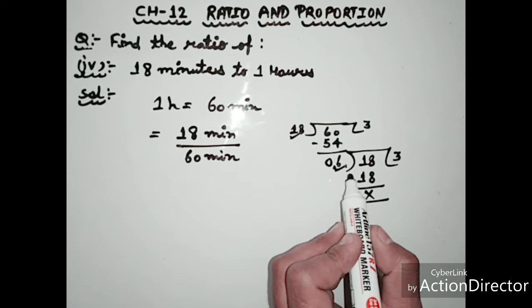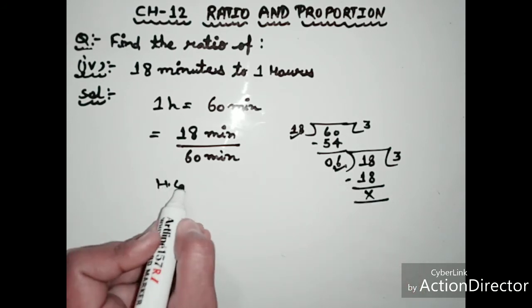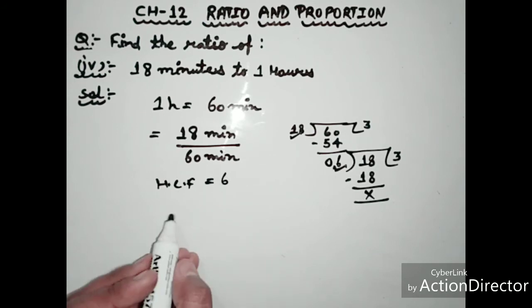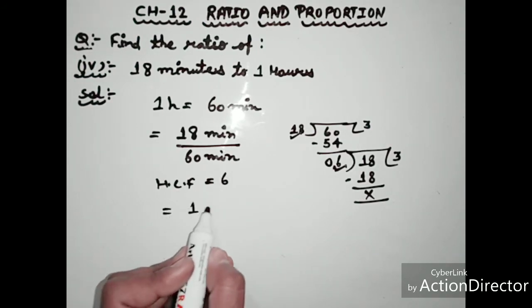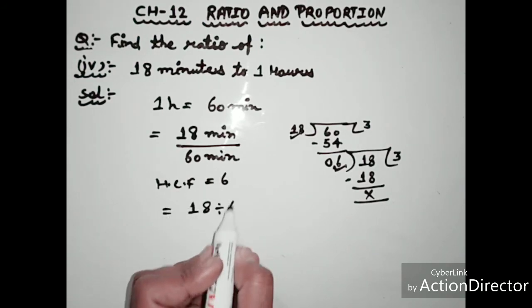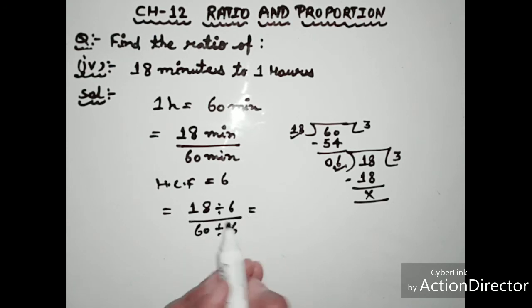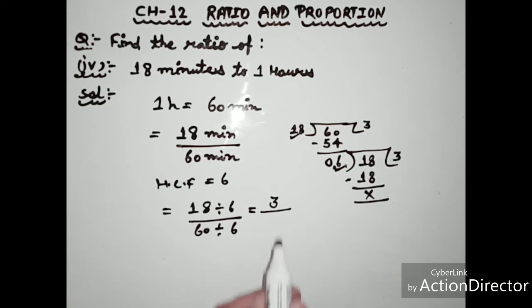Now here the last divisor is the HCF of these two numbers. HCF of 18 and 60 is 6. Now we divide 18 by 6 and 60 by 6. Here we get 6 threes are 18 and 6 tens are 60. Now we write in ratio form 3:10.